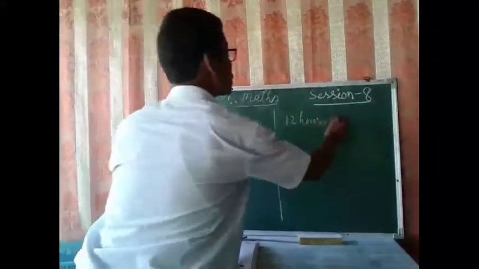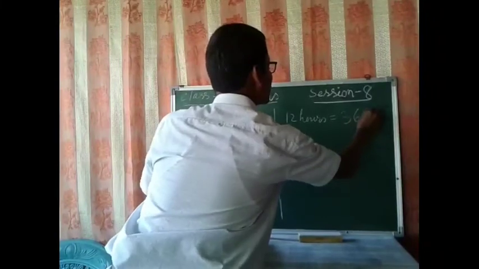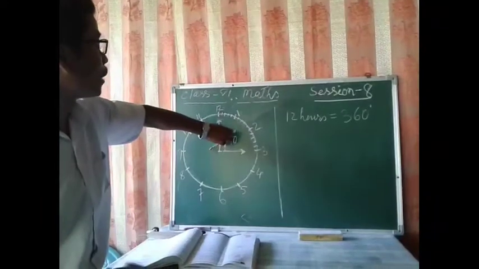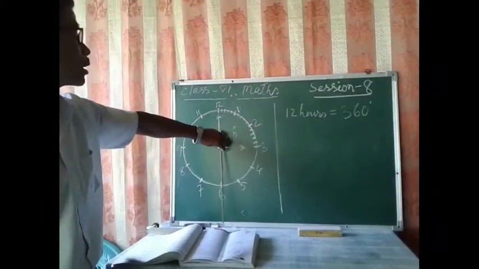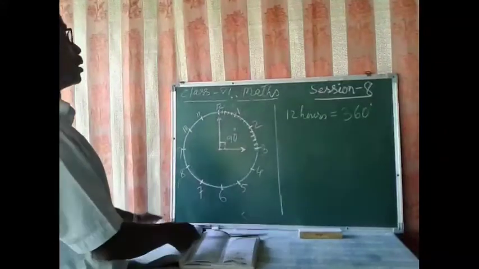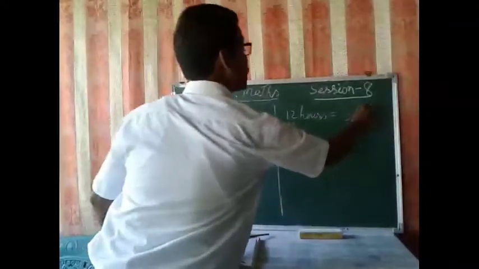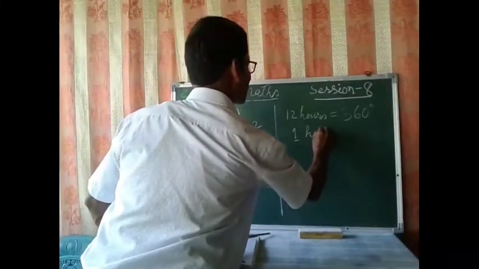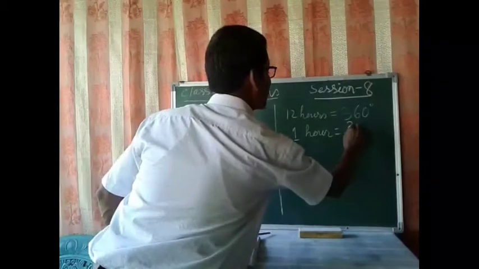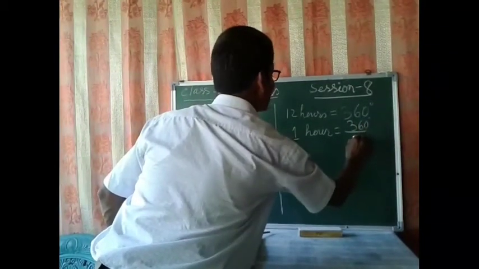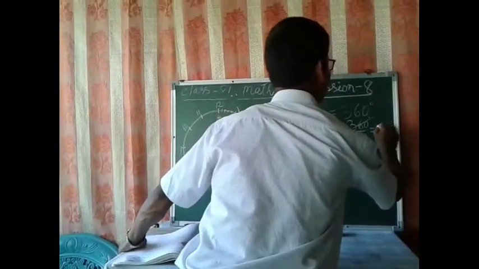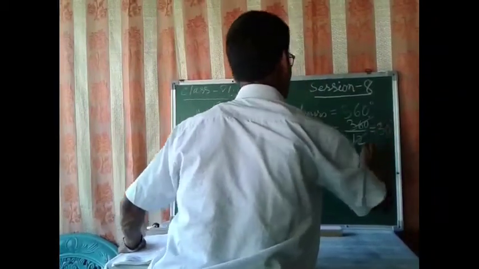12 hours means 360 degrees, because it completes one turn by the hour hand of the clock. Therefore 12 hours is equal to 360 degrees. Therefore 1 hour equals how much? 360 degrees divided by 12 equals 30 degrees.